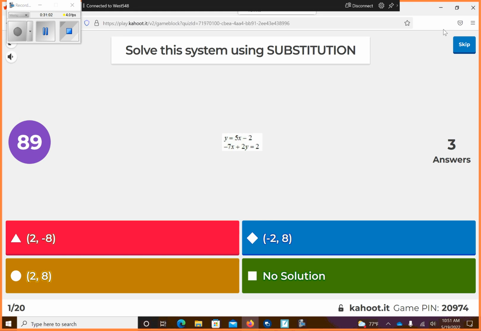They're giving you the hint to do substitution, but if you want, you can do elimination or graphing. It probably might work.